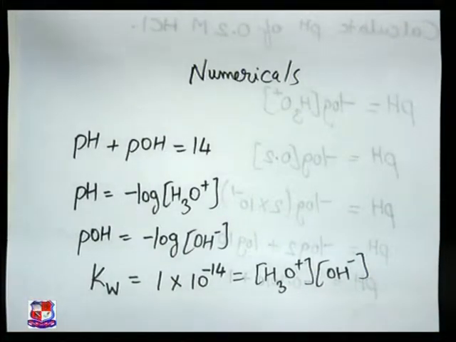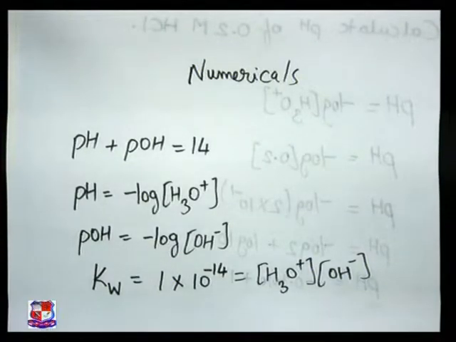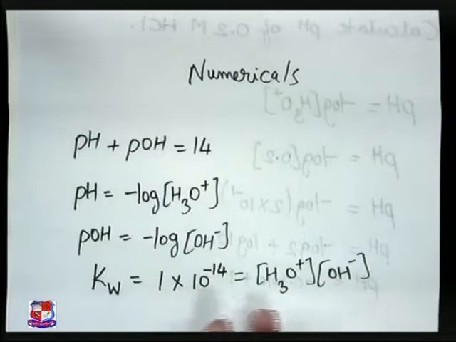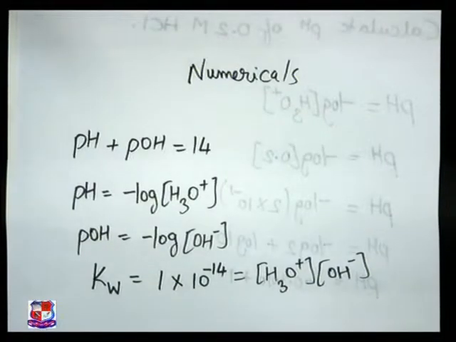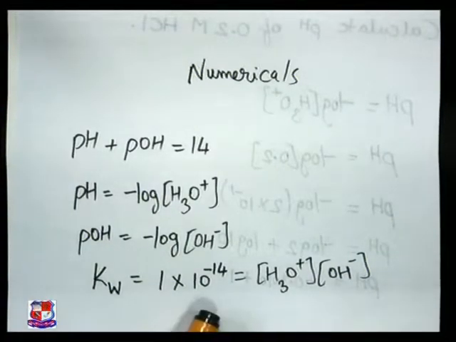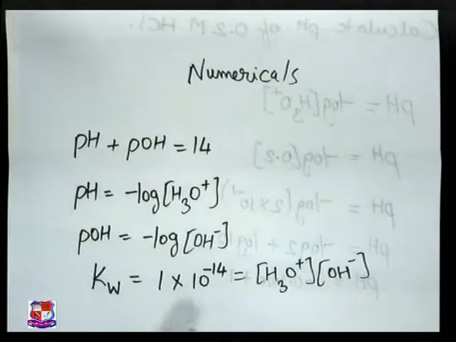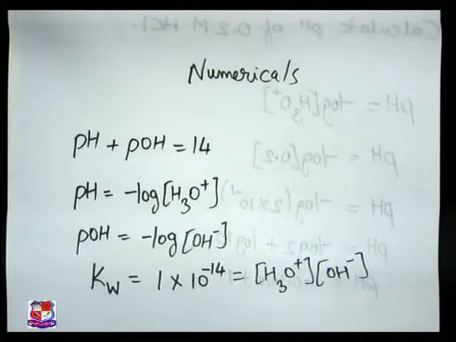If in the numerical you are given the value of the H3O plus ions and asked to find the value of the OH minus ions, you can find it by simply 1 into 10 to the power minus 14 divided by the H3O plus ion concentration. This one has to be remembered while calculating the numericals.